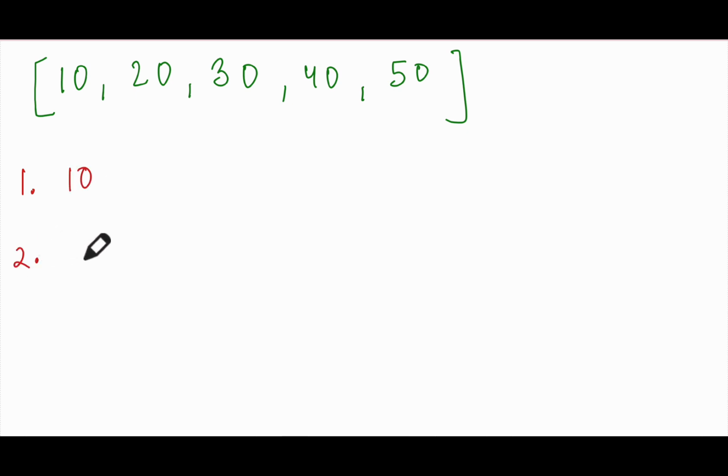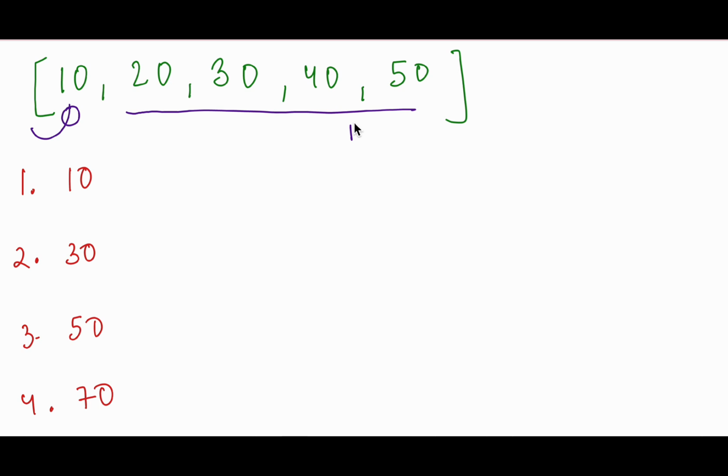Second, we have to search for 30. Third, we have to search for 50. And fourth scenario, let's say we have to search for 70. When you are searching for 10, you will start here and find it immediately. The first element is 10 only, so you don't need to go through all.